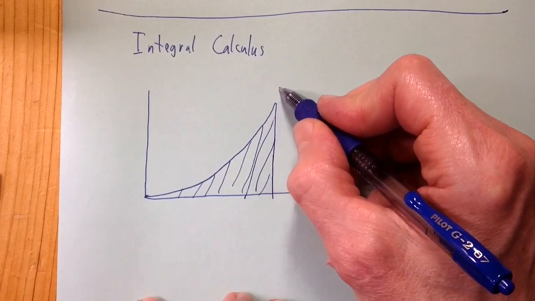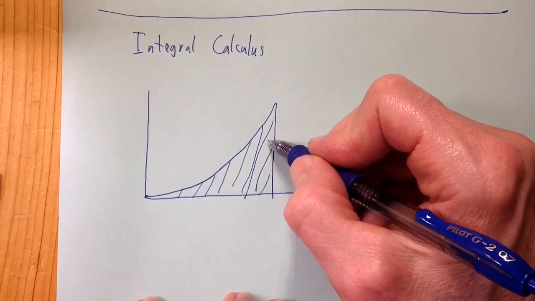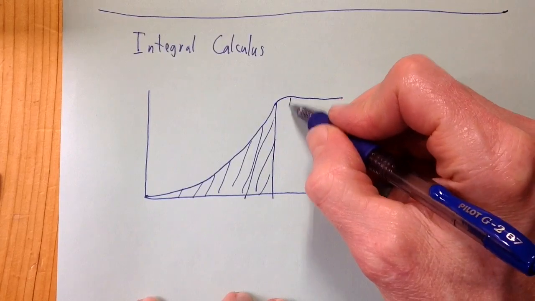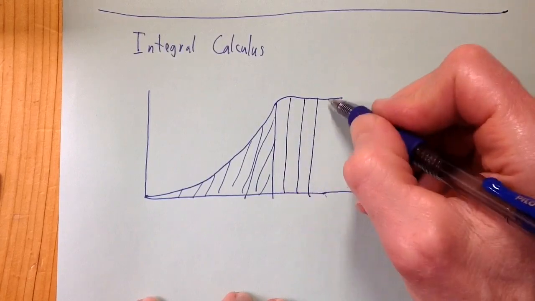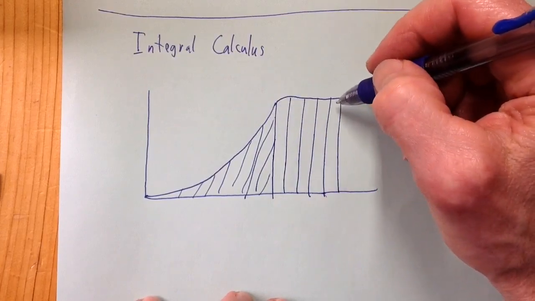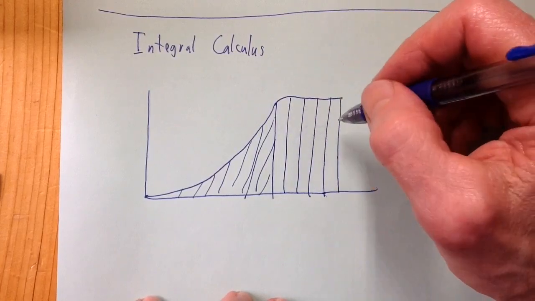Because if this thing changes more and more, there's more area under the curve. If it stops changing, then the area under the curve doesn't increase anymore. And since it's still somewhere up here, we're still getting area, but it's not increasing. And so the area under the curve tells us how much we have.